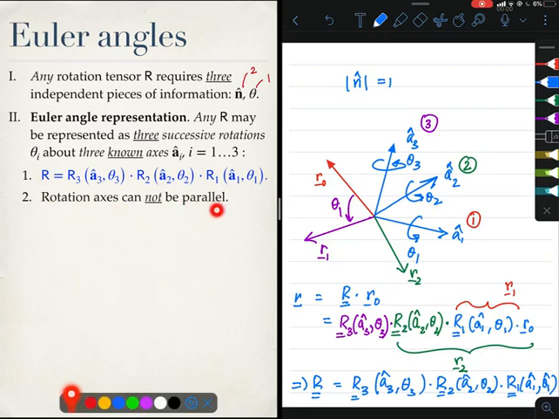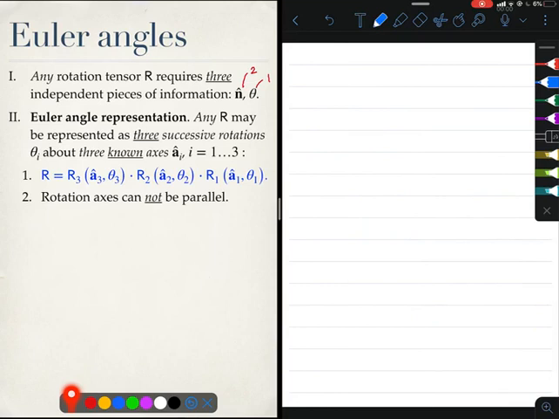Rotation axes cannot be parallel, because if they are parallel you don't actually have anything different. For example, suppose I rotate by some amount theta 1 about A1, and let's say A3 is parallel to A1 and I rotate the amount theta 3.